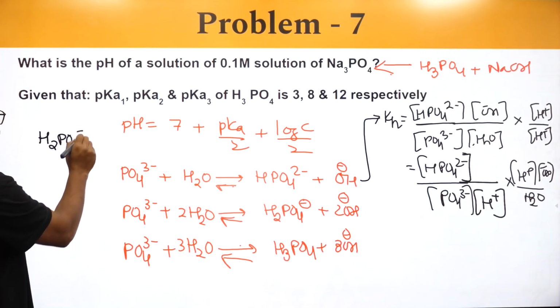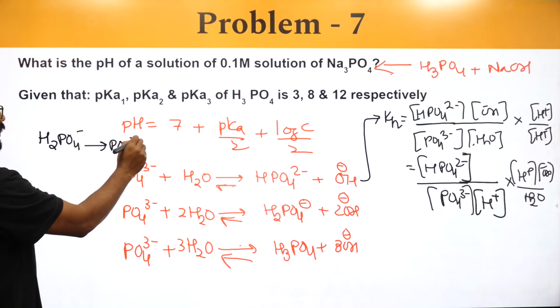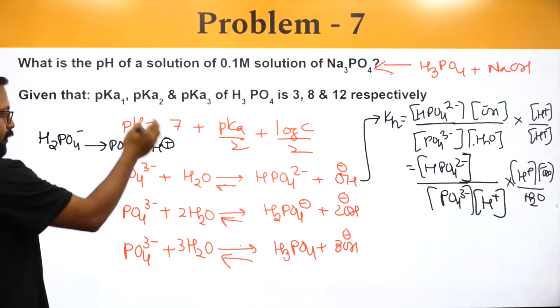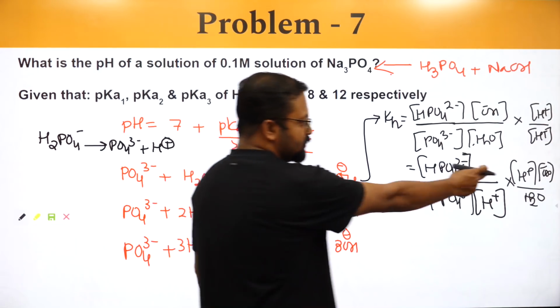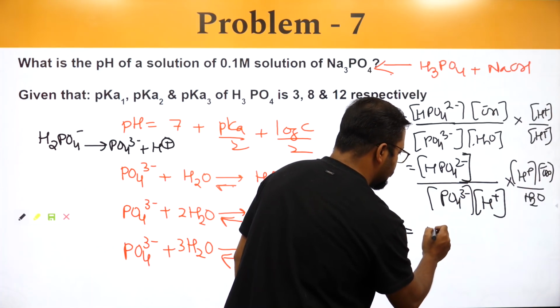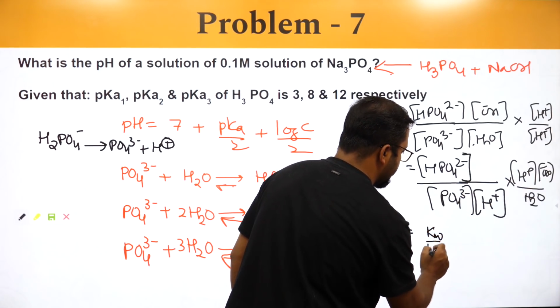H2PO4 minus changes to PO4 3 minus plus H plus. Inverse of that, what is this? Kw. So we will write Kw by Ka3.